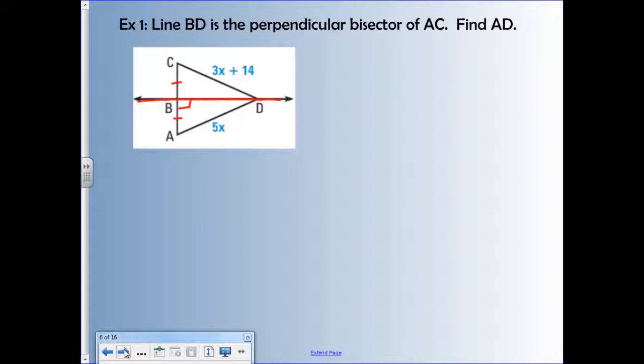And if I have this point out here, that tells me these segments are also equal to each other. So the perpendicular bisector, they intersect at a right angle, those two parts are equal, and if those segments are equal, those segments are also equal. So set them equal and solve for x. They're equal, so we set them equal, and then we can solve it.